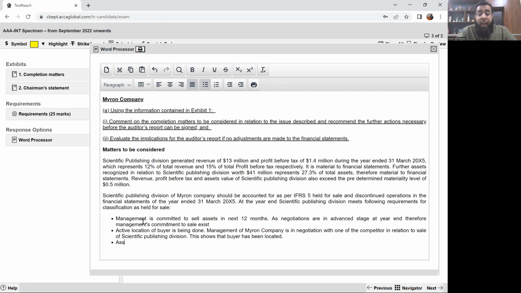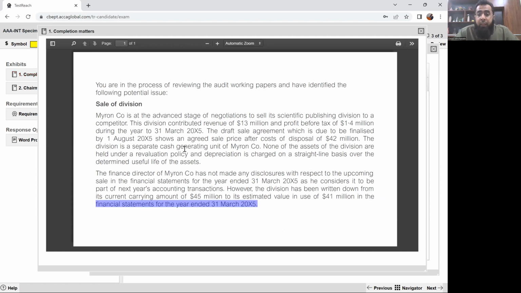Number three, asset is in saleable condition. Okay, so apparently, yes, the asset is in saleable condition because it's a complete cash generating unit. It's a separate unit. It was written clearly here that the division is a separate cash generating unit of Myron Company, so it can be sold separately.